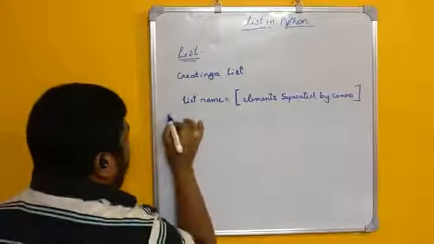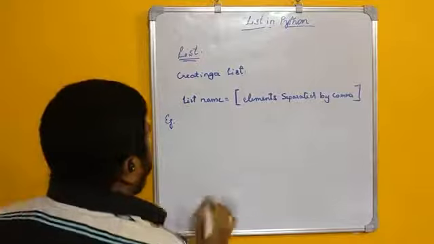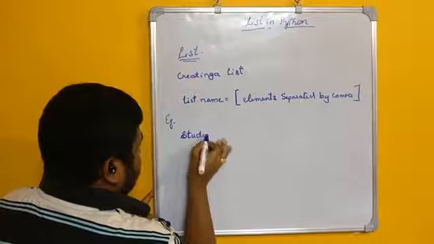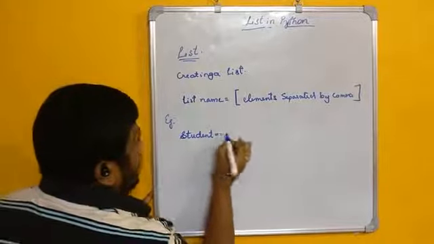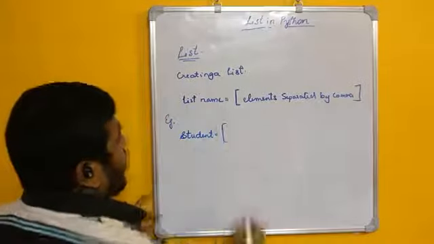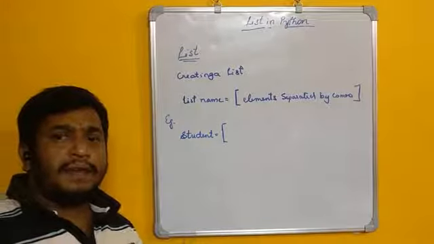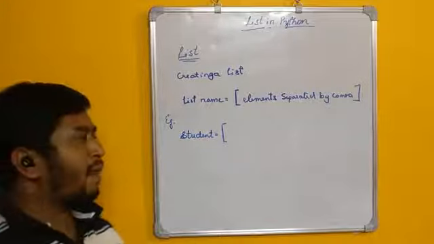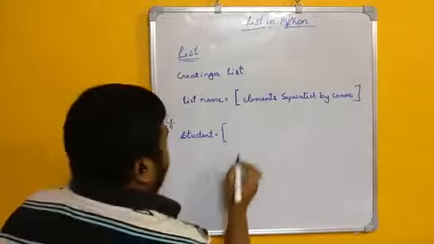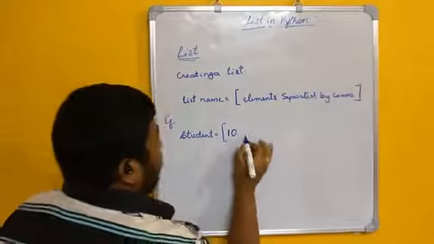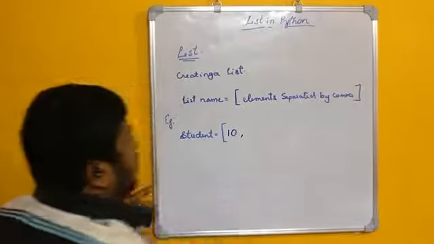We will see one example. The same example. Let us say student is a list. We have to create a list of a student with roll number, name, gender and marks. See, first what we want? Roll number. Let us say roll number is 10. We have to separate it by comma.